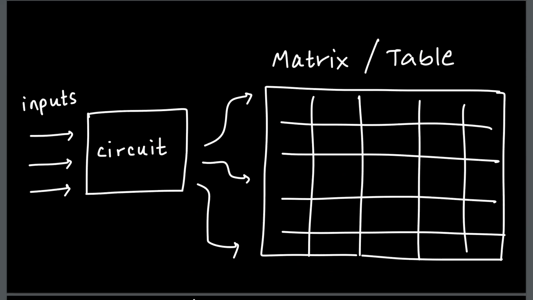In Halo 2, we would write circuits using the Halo 2 API, and the inputs which we give to the circuits are represented in the form of a matrix or a table. Even in R1CS, they are represented in terms of matrices. In Halo 2, it looks more like a table because it's huge, and we use colors to segregate the types of inputs, which you would see just in a second.